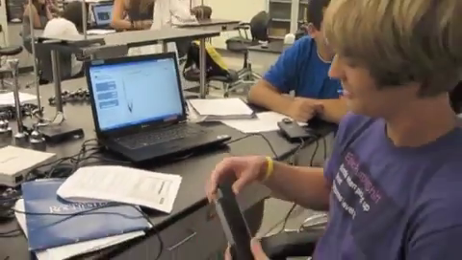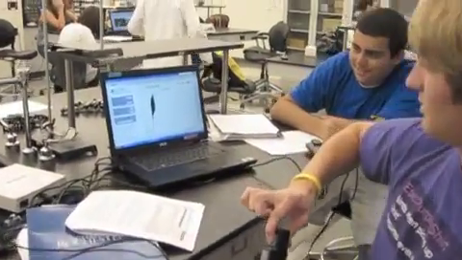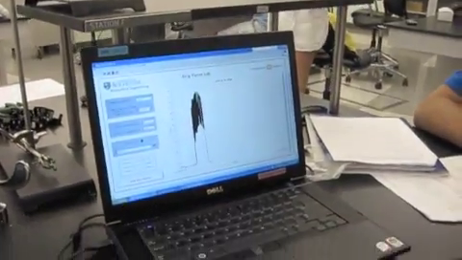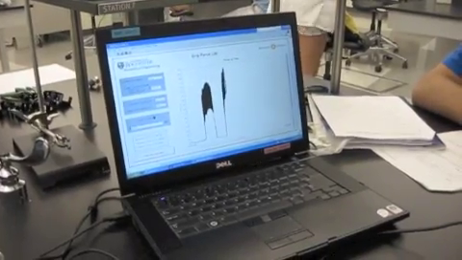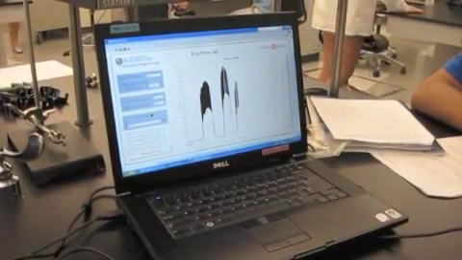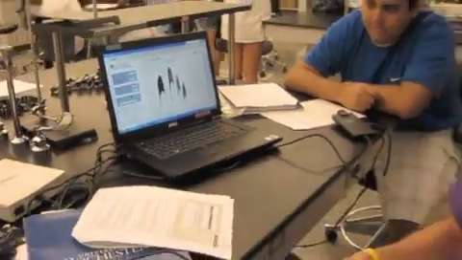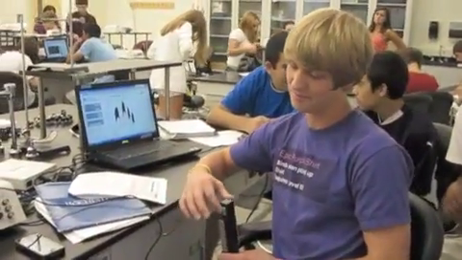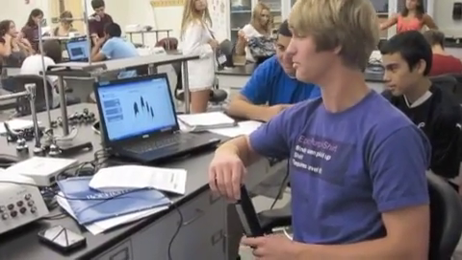So pinching: index finger, index finger and thumb, middle finger, ring finger, and pinky. And so we figured that the closer the fingers are to the thumb, there's less distance, and so you can apply more force.